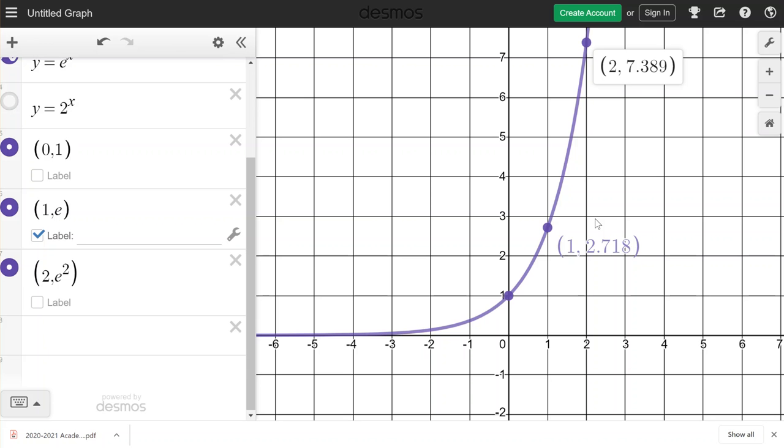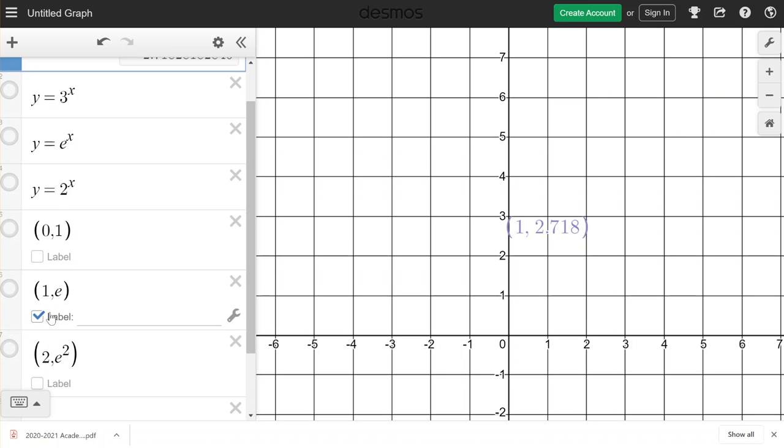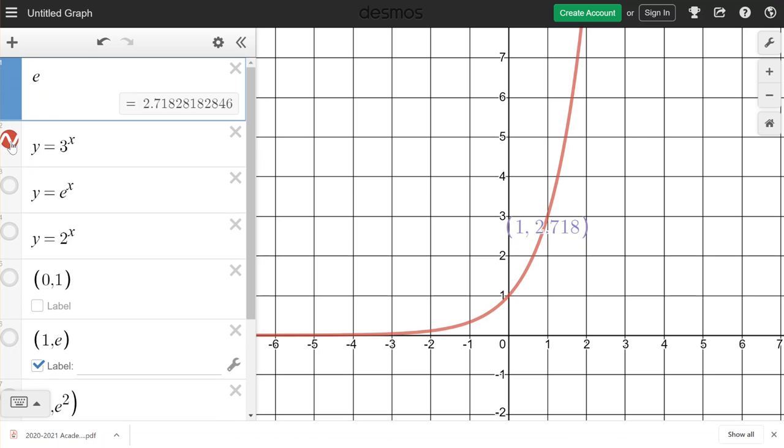You might be asking yourself why we would care about having a number like e, like aren't 2 and 3 just fine? There are a lot of reasons for why, but one of them has to do with how things grow in nature. Things grow continuously, right? It's not like, for example, where we have sun on a plant and every day that plant is tripling in size, in height.